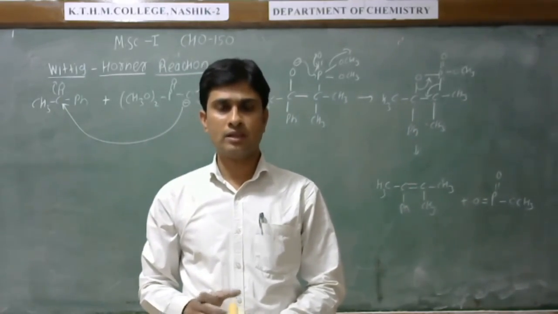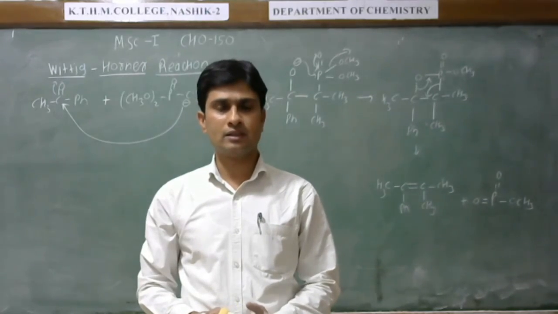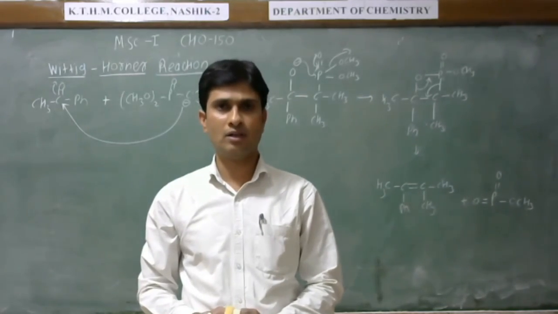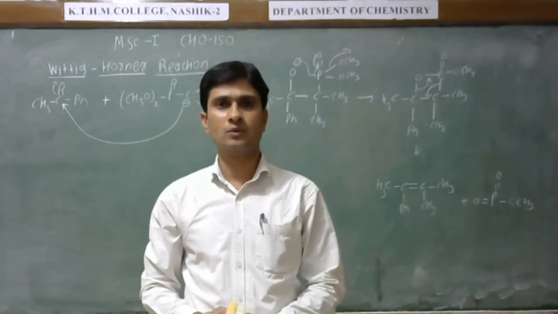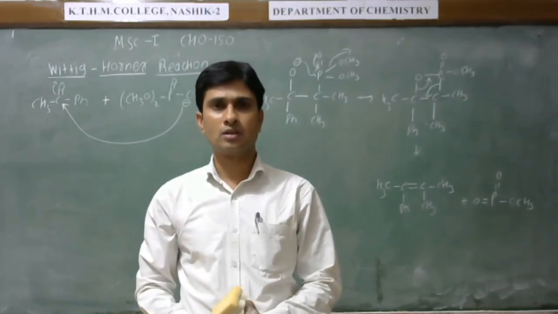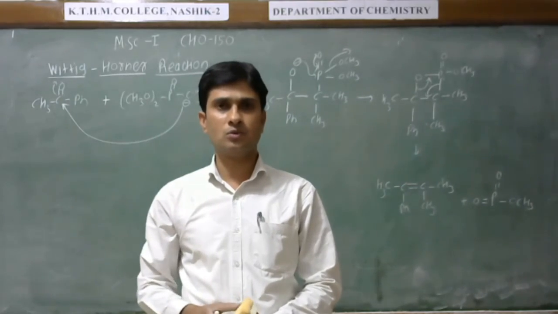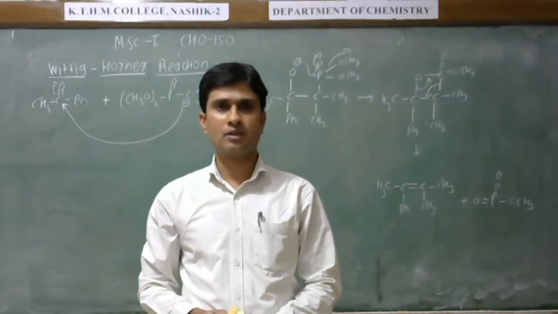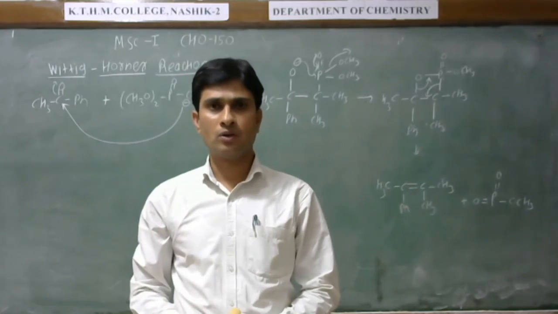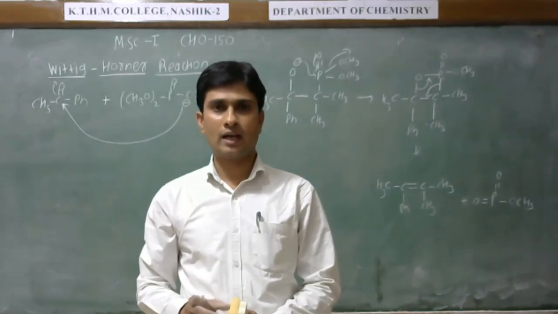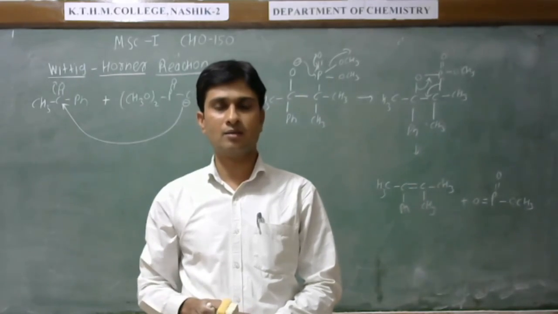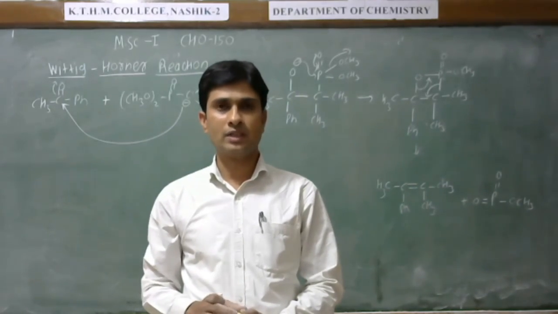See, firstly the phosphonate ylide is more stable than the phosphorane. Phosphonate ylide is more reactive towards the ketone as compared to the phosphorane. Then, if some ketones have an electron withdrawing group, they act as an inert compound in the Wittig reaction.